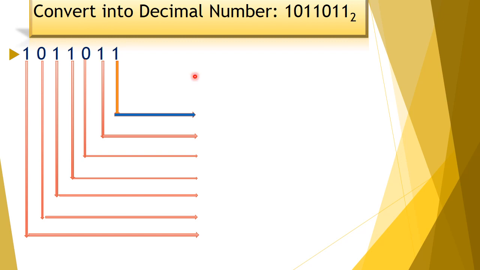To convert a binary number into a decimal number, the procedure is we need to multiply each digit of the binary number, starting from the rightmost digit to the leftmost digit, by power values of 2 starting from 2 raised to the power 0.